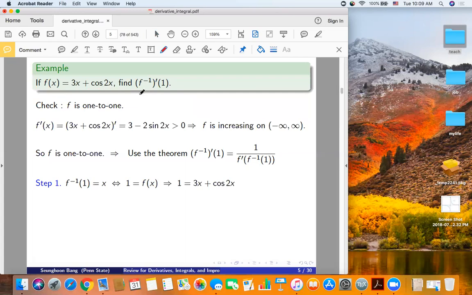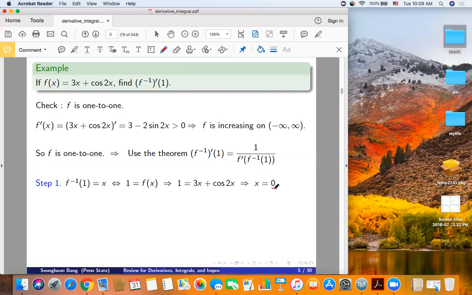You can replace it, so you need to guess what x is. You need to solve this equation for x. Only guess. Yes, x equals 0.